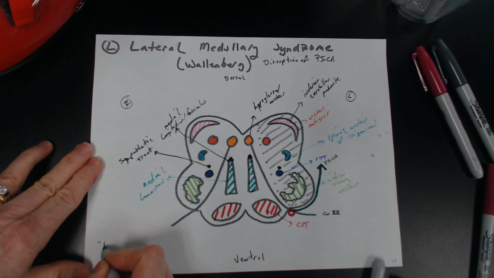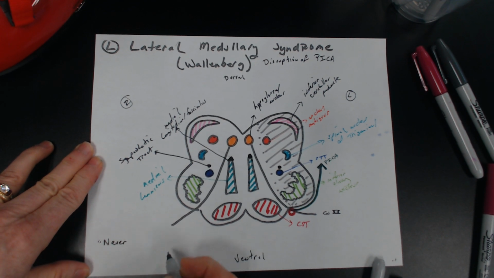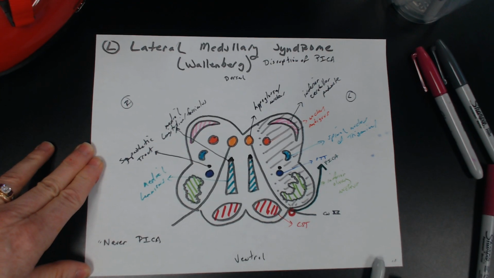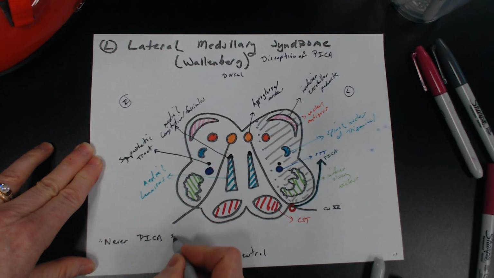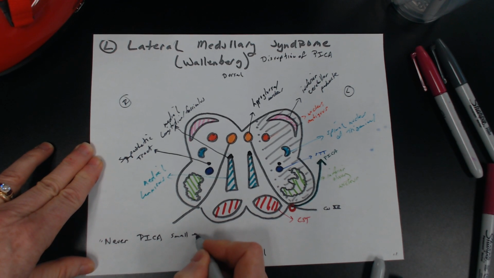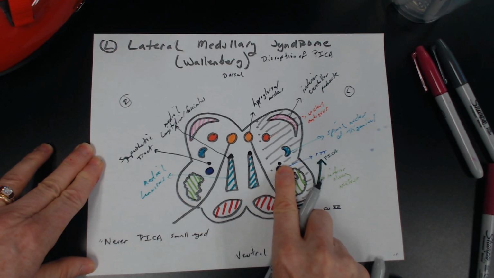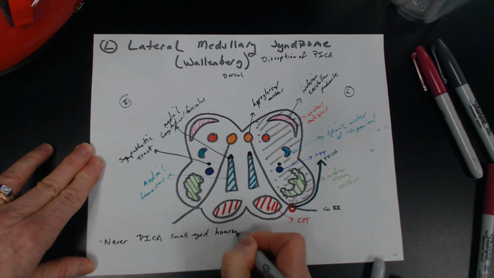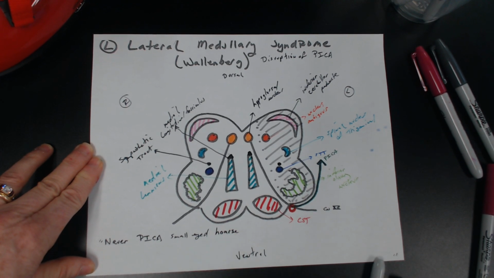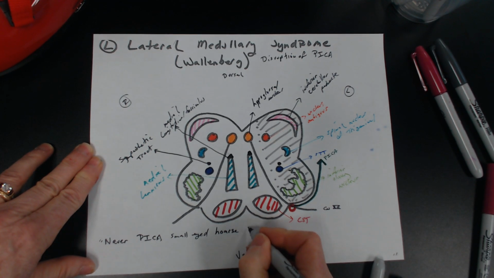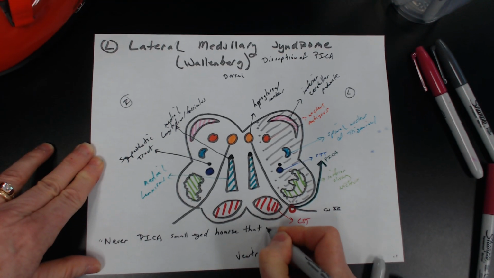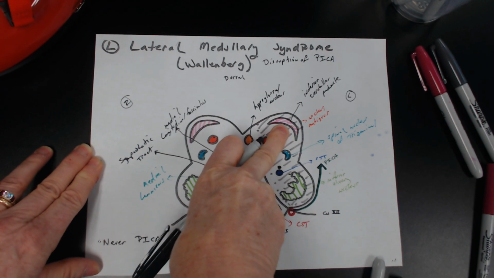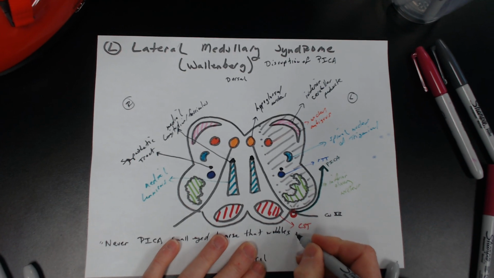It says, never PICA, never pick a small-eyed, due to Horner syndrome, horse, H-O-A-R-S-E, hoarse voice, that wobbles, ataxia due to inferior cerebellar peduncle, and can't swallow.